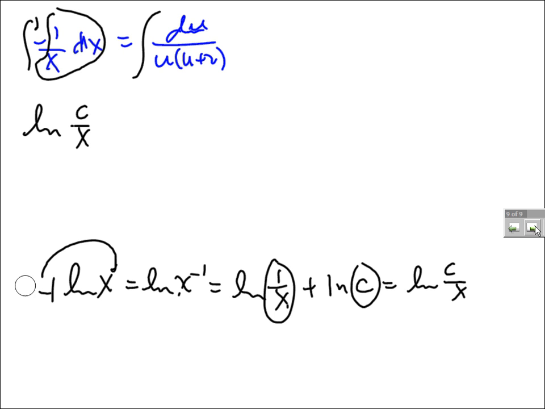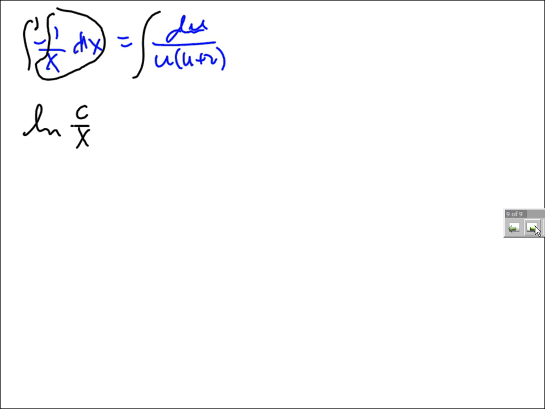Now, this right-hand side is a little bit more difficult. You have to remember your Calc 2 integrations. This is going to be a partial fraction problem. There's an understood 1 on top. You basically want to write this fraction as something over u plus something over u plus 2.